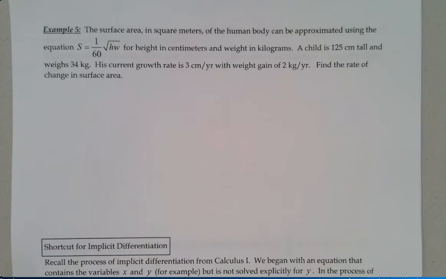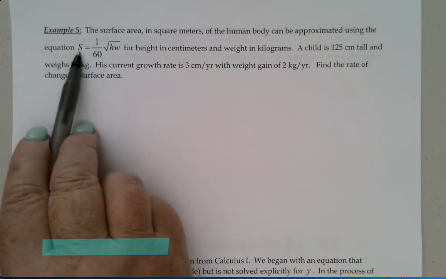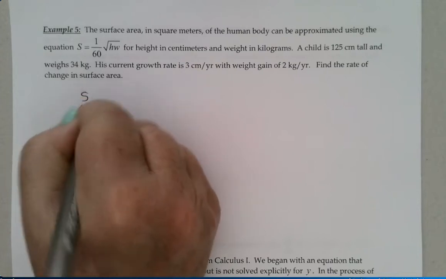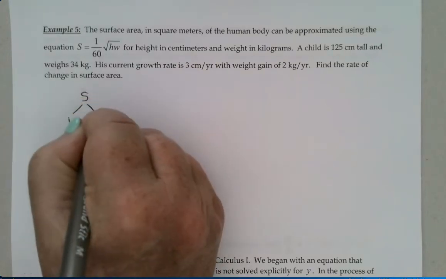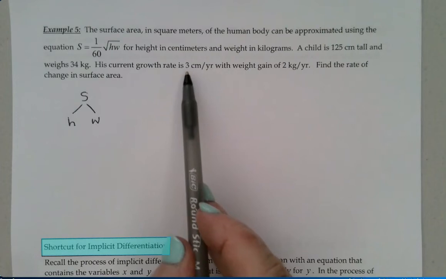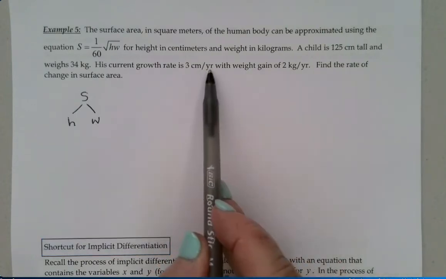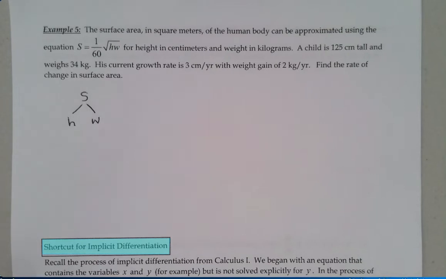So let's see. We can definitely see that S depends on H and W. If I start my chain rule diagram here, both the height and weight are changing with time, right? That's per year.